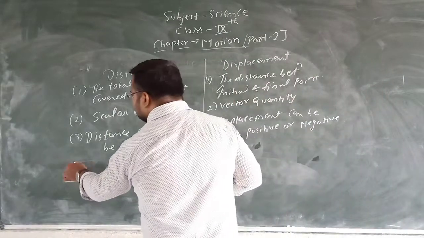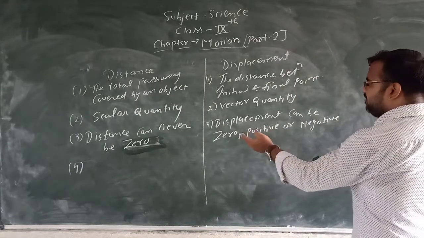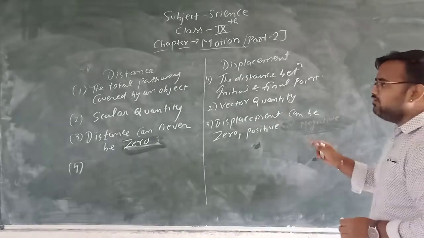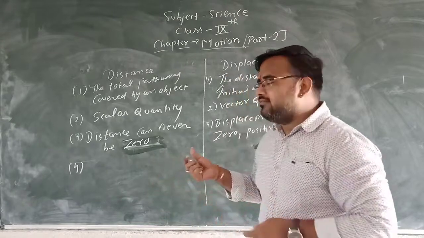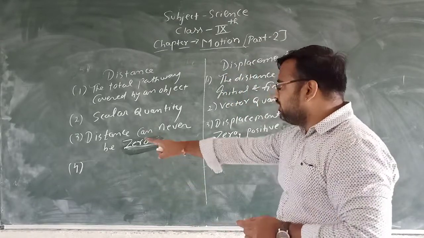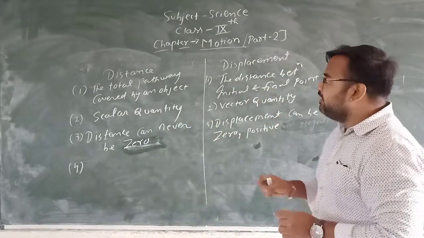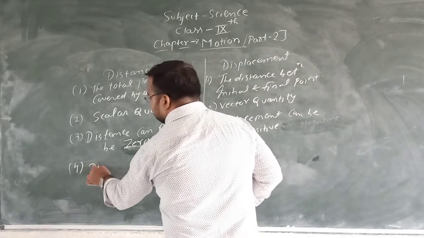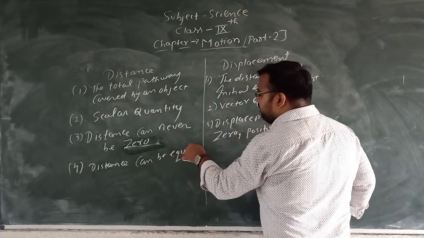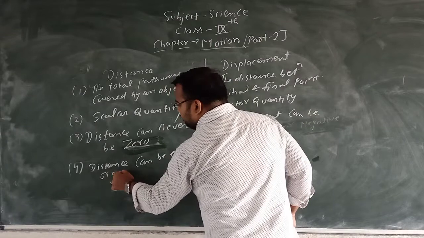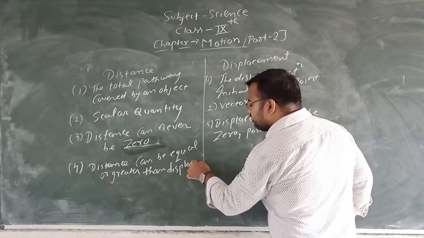Then displacement can be zero or positive. We are not writing negative, because to calculate the displacement we are not taking the negative terms. We'll see in the example why we are not taking the negative terms. Now distance can be equal to or greater than displacement.